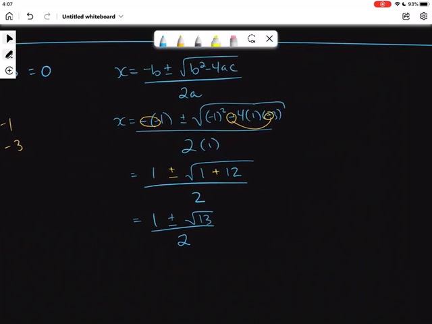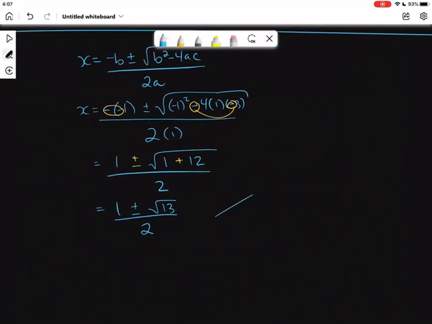Okay, so I have two roots here. I have two zeros. I have one that is 1 plus the square root of 13 over 2. Okay, and we can approximate that. So the square root of 13 is, well, the square root of 9 and the square root of 16. The square root of 13 is in between there, so it's definitely going to be between 3 and 4.